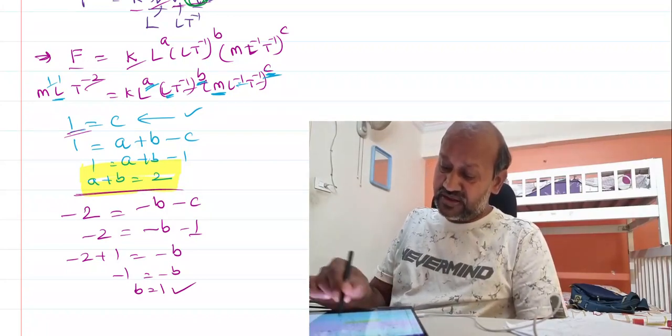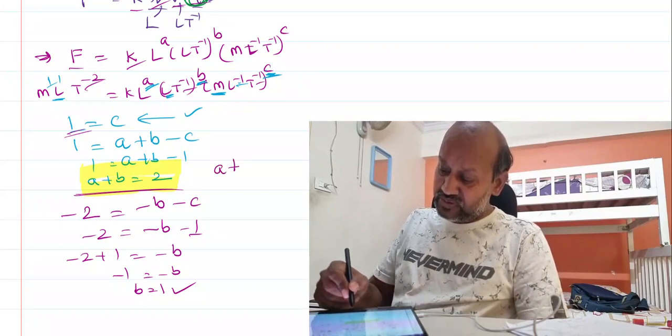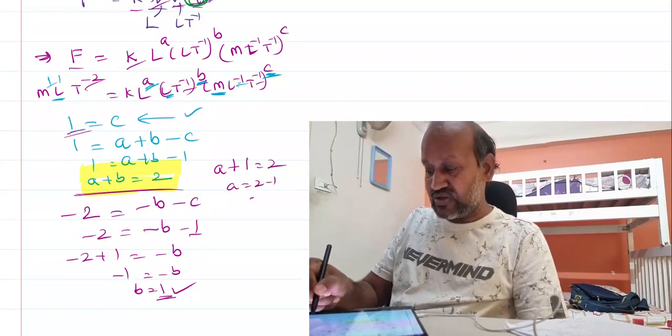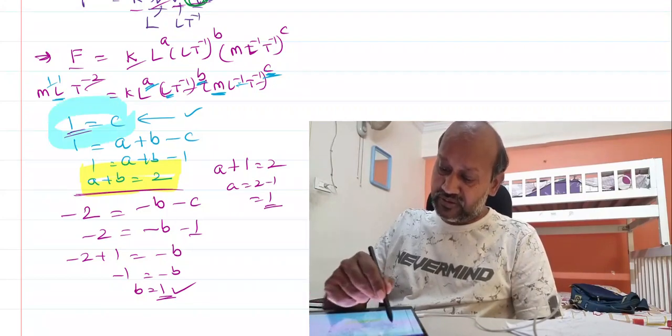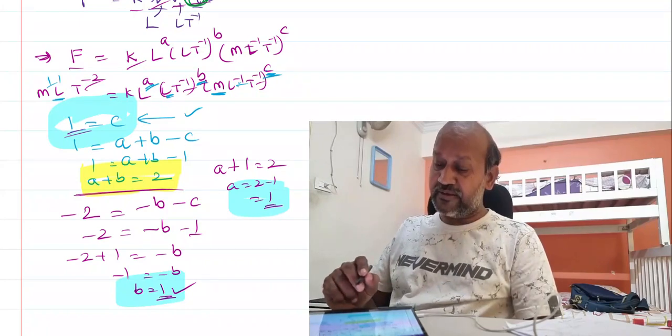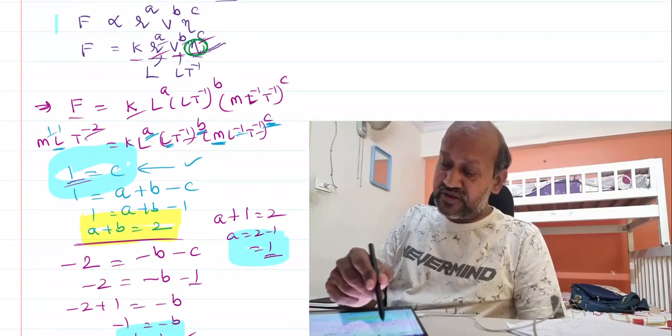Now let me use this equation that we have derived already. A plus B equal to 2, but I found B value as 1. So A is 2 minus 1, that is equal to 1. So if you observe carefully, I found the value of C, B and A. Let me substitute all of them in the core equation we have discussed.